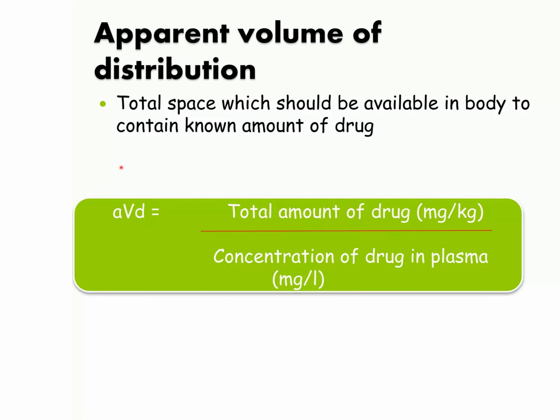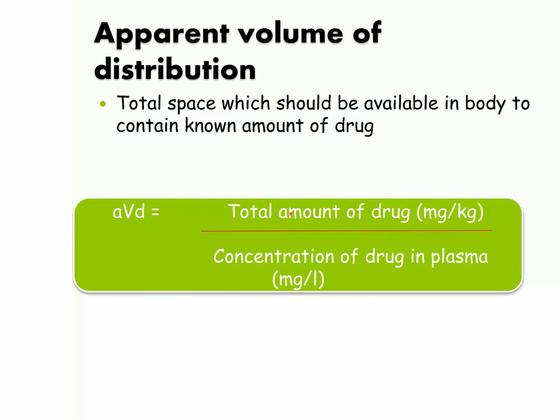So to understand the distribution, firstly we need to learn the apparent volume of distribution. Because this is one of the pharmacokinetic parameters which determines the distribution of drug in the body. So we need to learn about that. The total space which should be available in the body for a certain amount of the drug.